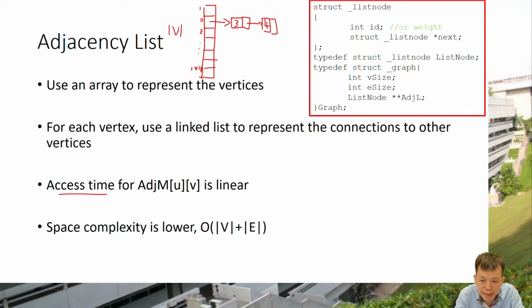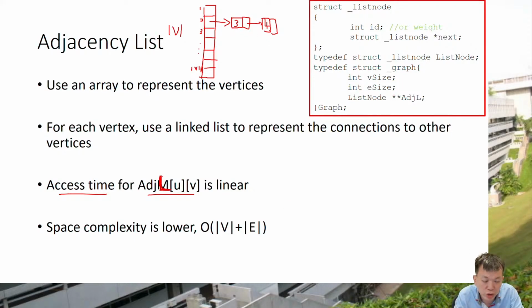So the access time to find out the adjacency matrix, adjacency list. Okay, sorry, this one should be L. Adjacency list is linear time because, not surprisingly, it is a linked list.